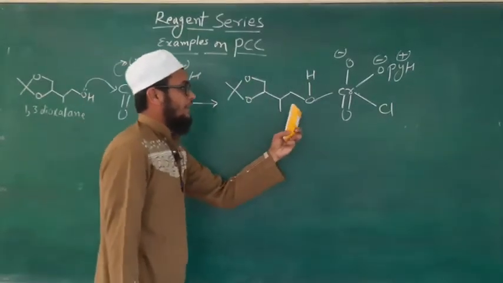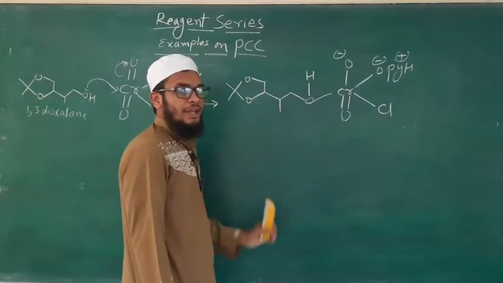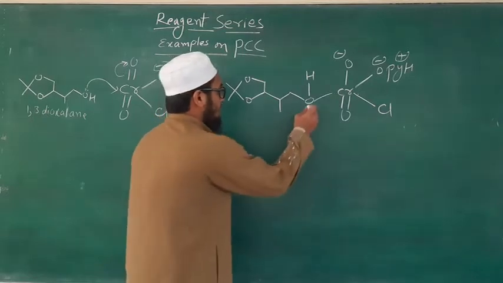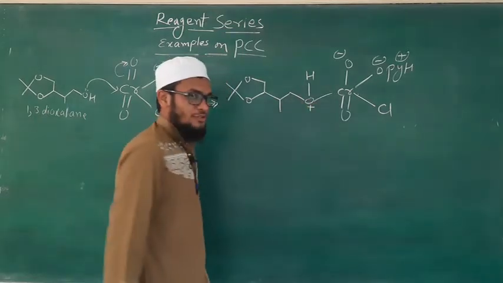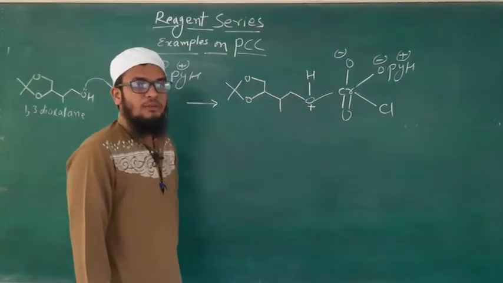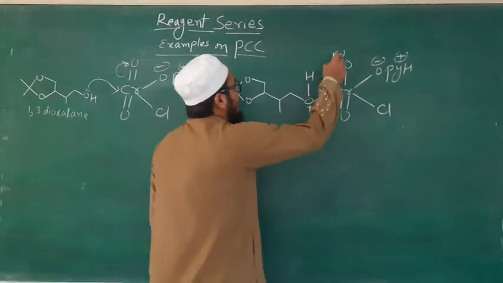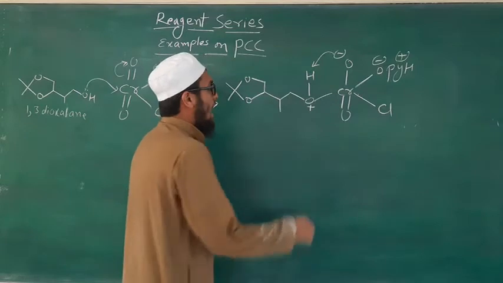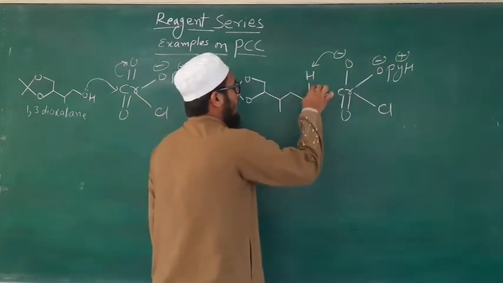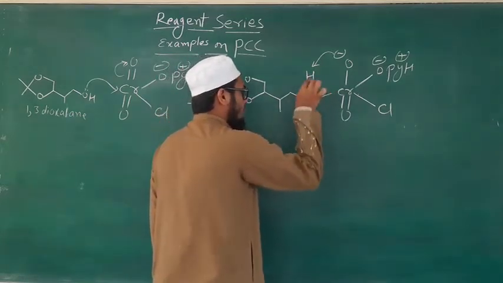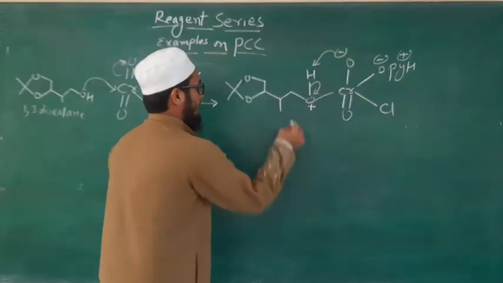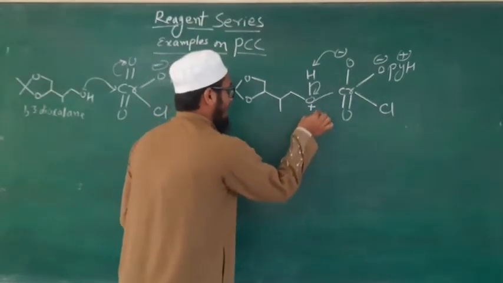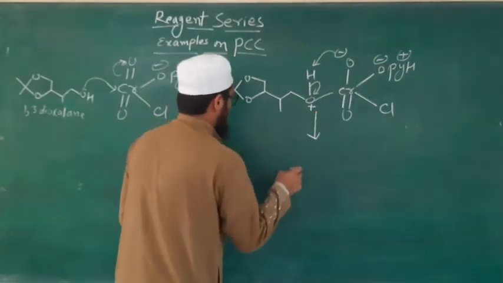Now look at here, this oxygen is trivalent, so it is unstable. It got a positive charge. To make it stable, what will we do? This oxygen negative will attract this hydrogen, and this hydrogen-oxygen bond electron will move towards oxygen to make it stable. Now what will we have? I will write it below.